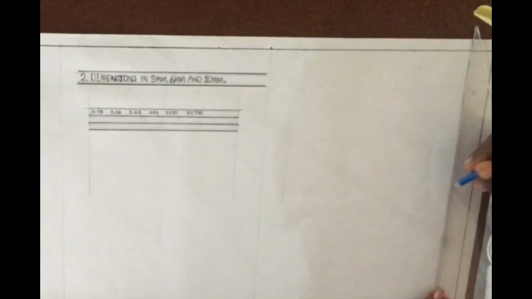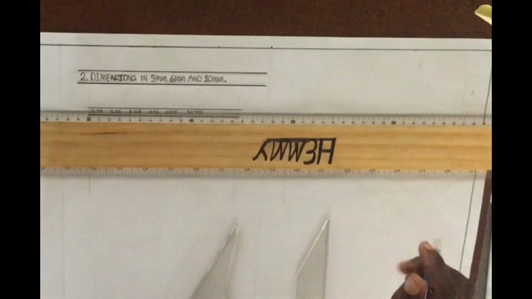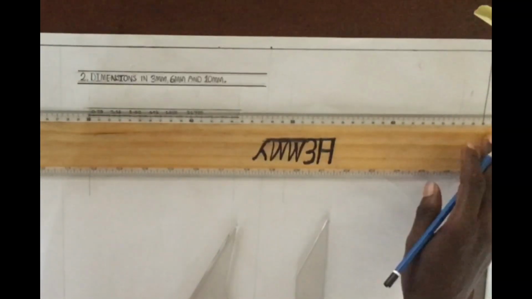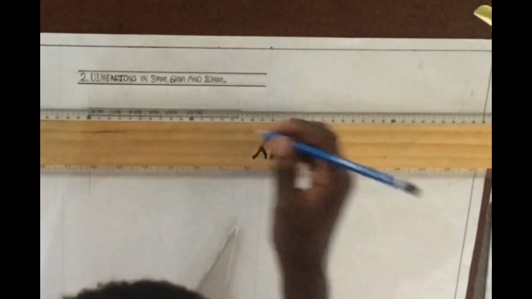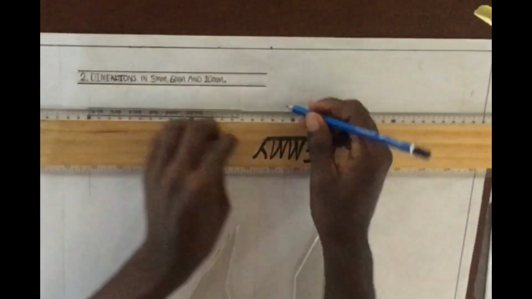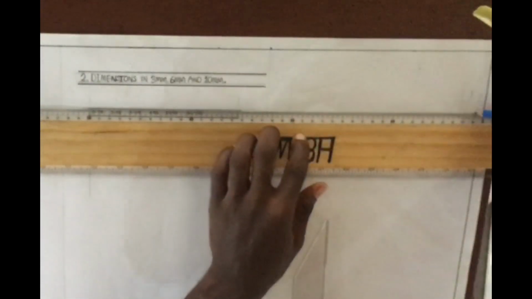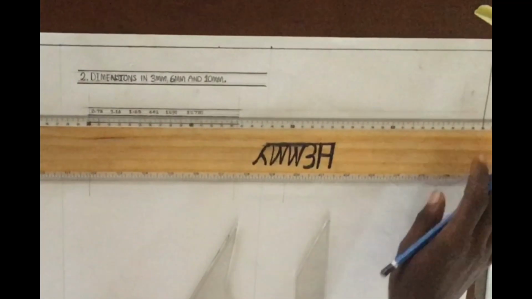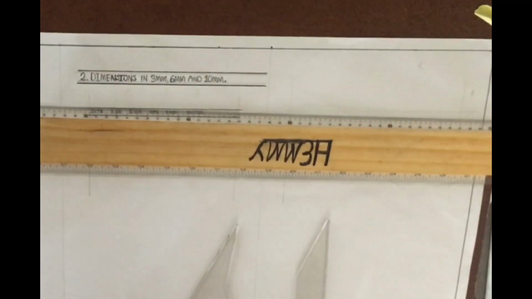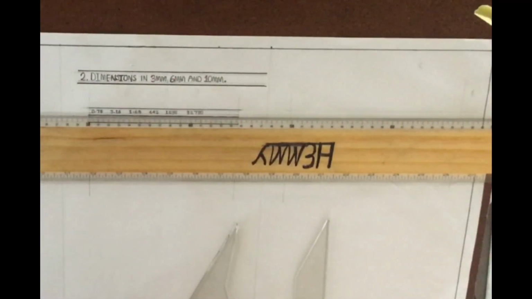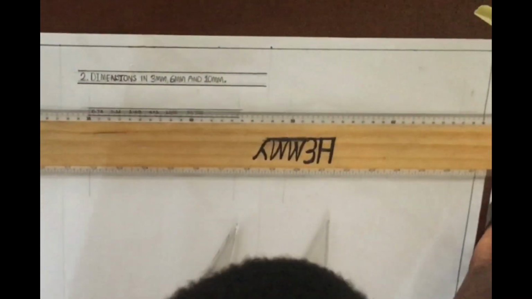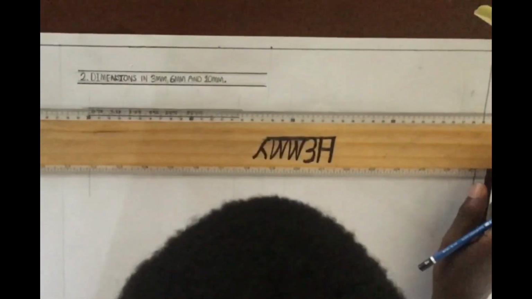Up next, another thin continuous line. So to some extent, it's similar, but we're asked to leave 3 millimeter between lines of lettering. So we follow same principle this time around.